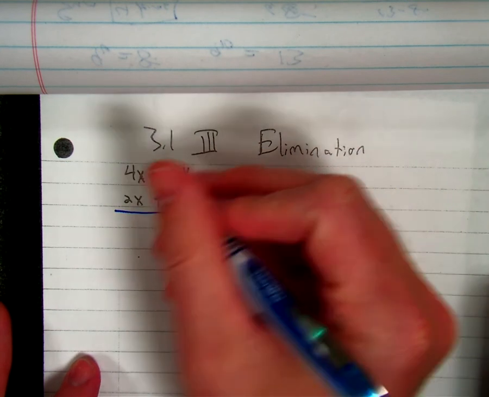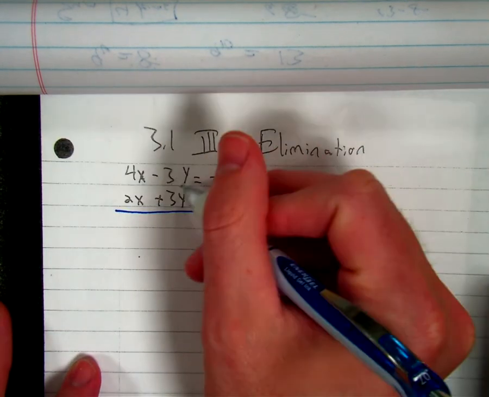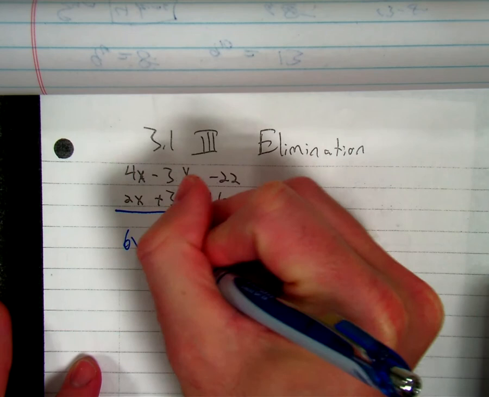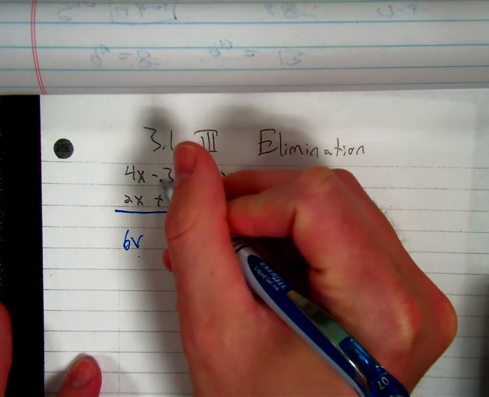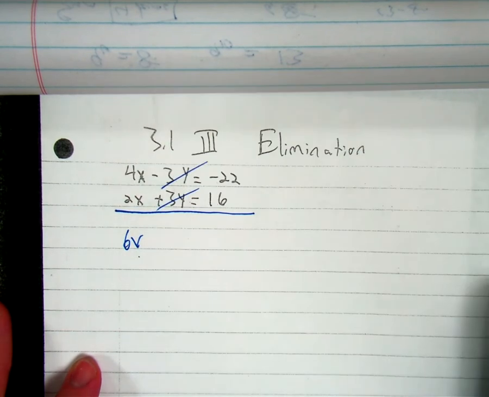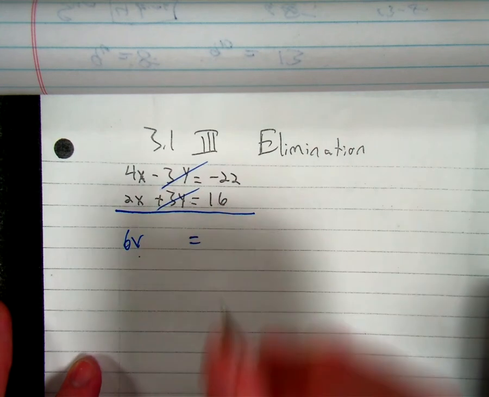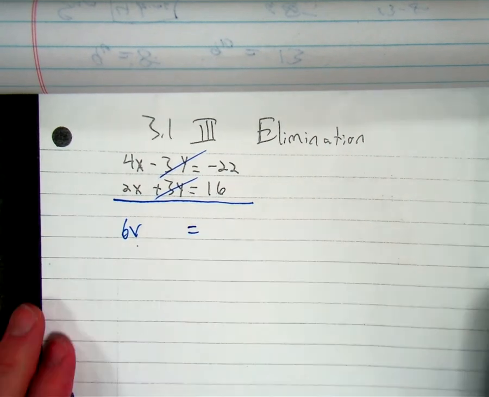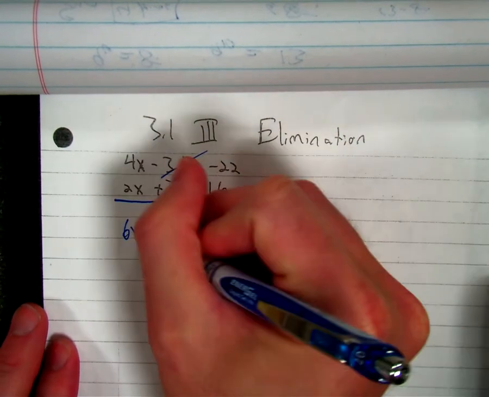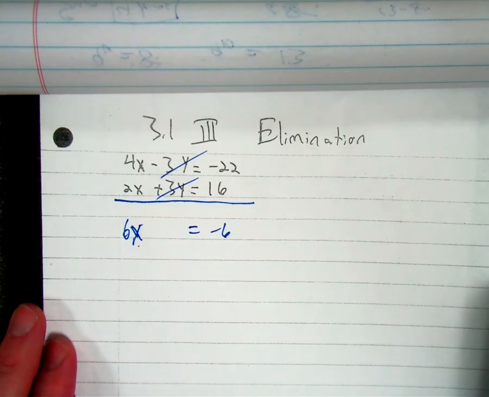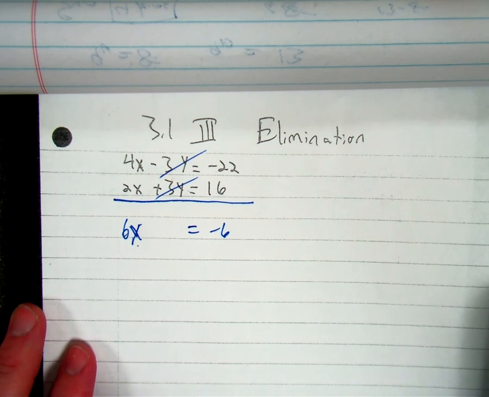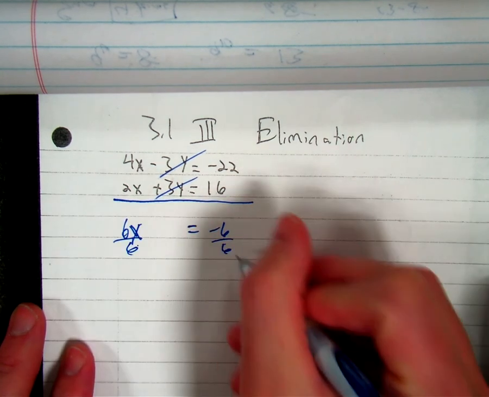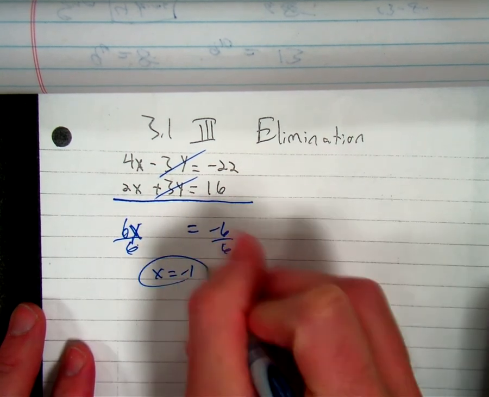We're going to add down, and when we add down, I get 6x, and then negative 3y and plus 3y cancel out. So they are eliminated. You've eliminated one variable. So 6x equals negative 6. Divide by 6, we get negative 1.